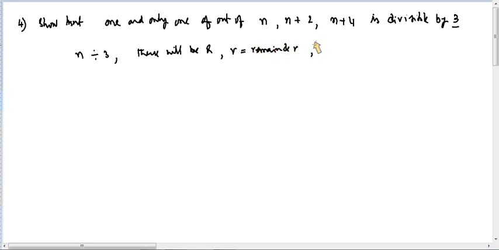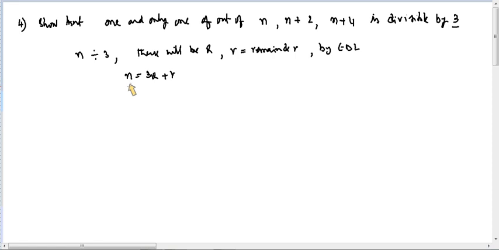So then by EDL we get n is equal to 3q plus r. In the previous questions we used a as the dividend. Now here we are using n directly.